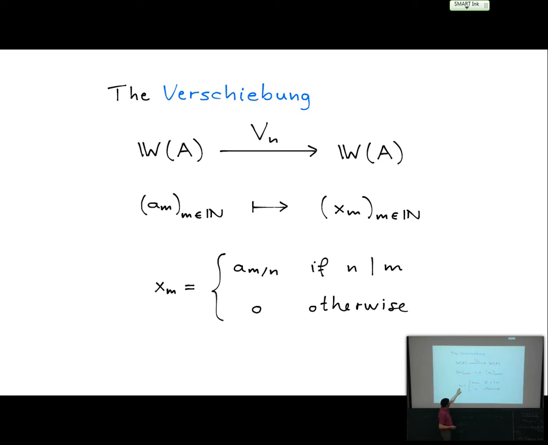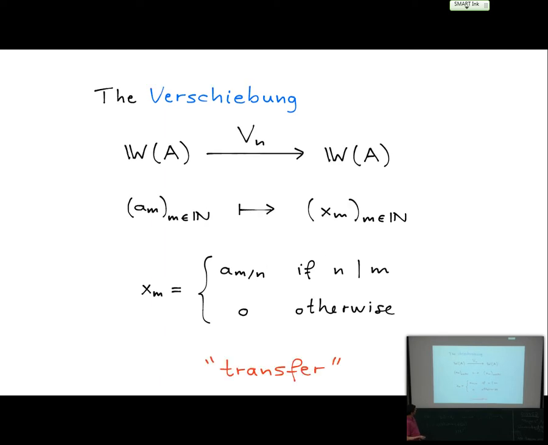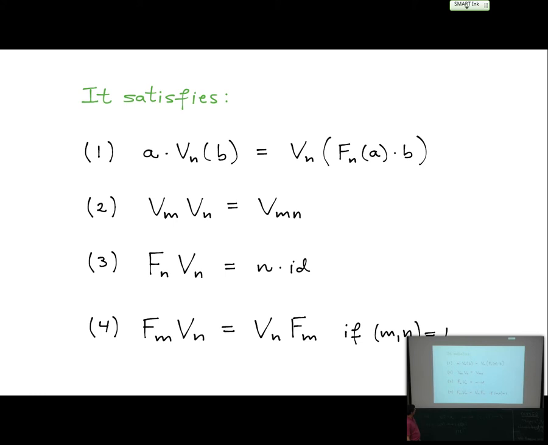So here x_m is equal to a_m divided by n if n divides m, and otherwise it's 0. So we just take this sequence of elements and put in a lot of zeros. It's an additive map. It's not multiplicative, and it satisfies these rules.